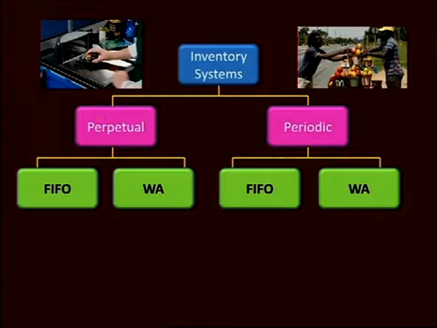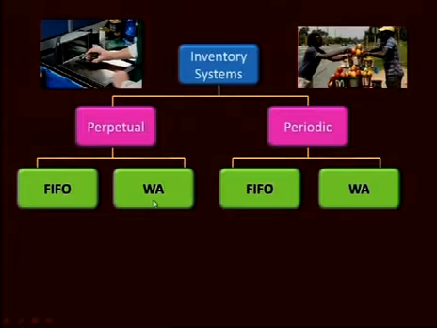But you still have to decide on whether you're going to count your end stock using FIFO, or whether you're going to use your end stock using the weighted average method. FIFO or weighted average. That's what you have to decide.